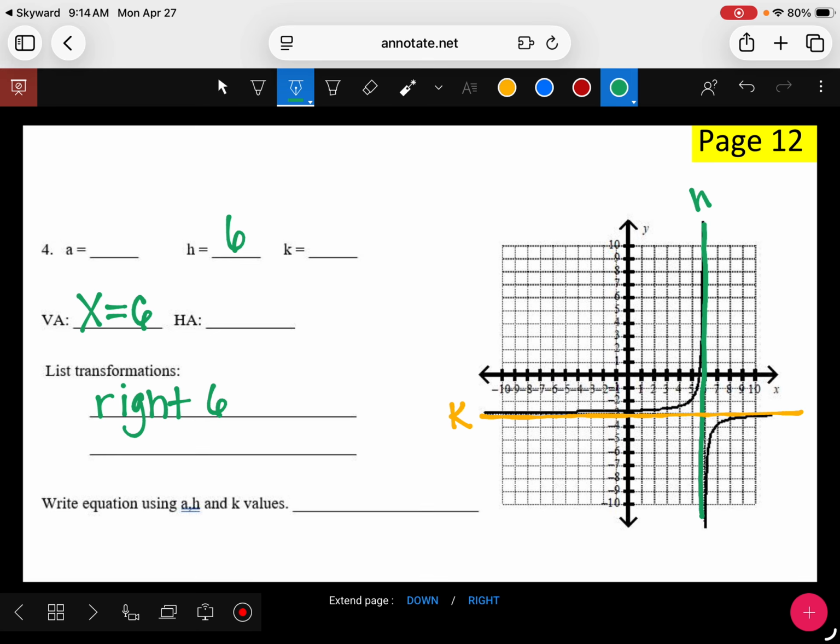And where is K? The yellow line. Where does my yellow line go through the y-axis? -3, so that would be my K. Equation is y equals -3. And it went down 3.